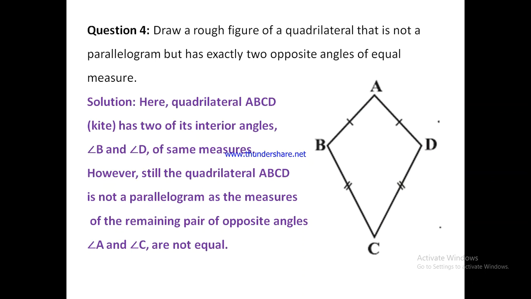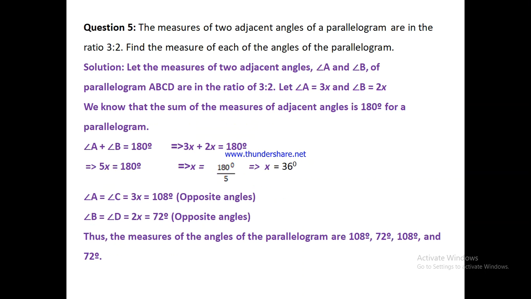However, still the quadrilateral ABCD is not a parallelogram, as we know that a kite is not a parallelogram because opposite sides are not equal. So it is a quadrilateral which is not a parallelogram but has exactly two opposite angles of equal measure.